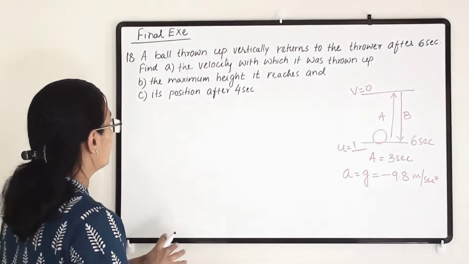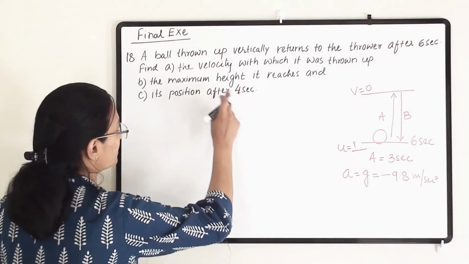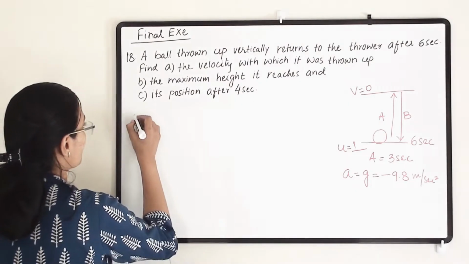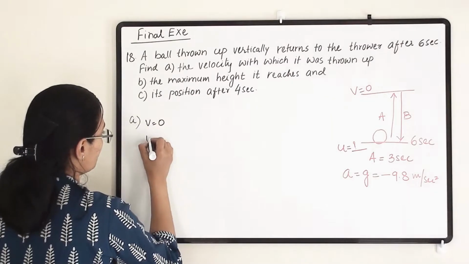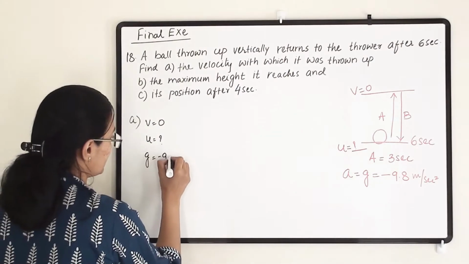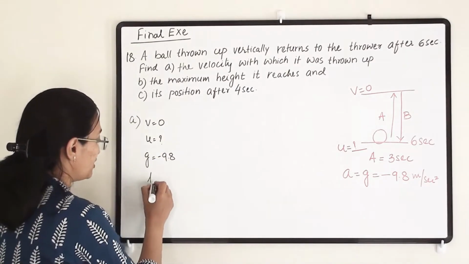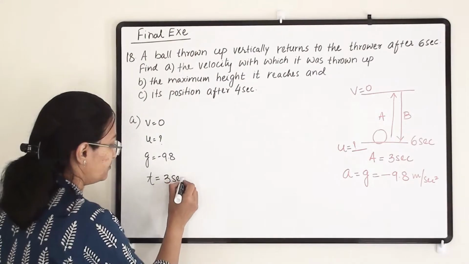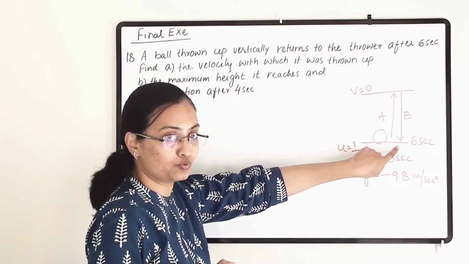Now let us write down the equation from which we are going to find out the initial velocity. So for the A, it is going to be v equals 0, u we have to find out, g equals minus 9.8, and time for the path A is going to be 3 seconds, because this is a total time when the ball again comes back to the thrower's hand.